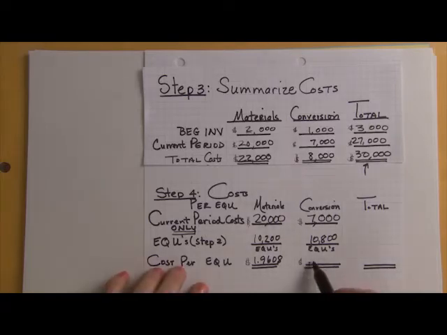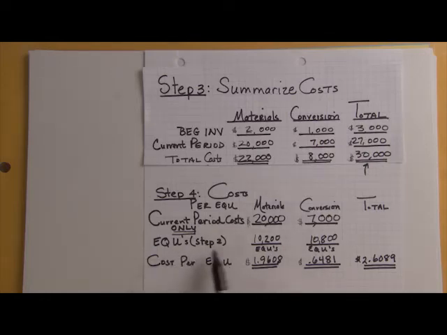For conversion, we will get close to 65 cents, and then we will total for all the cost would be 2.6089. So we have a cost per equivalent unit that was computed using only the work done this period and only the cost that were incurred this period.